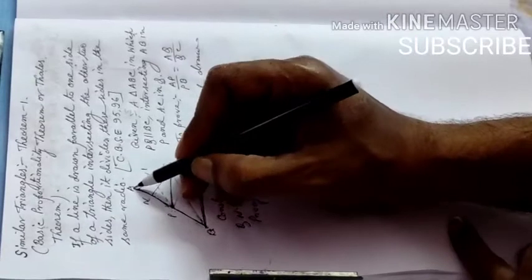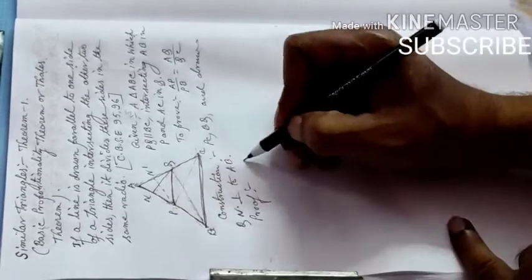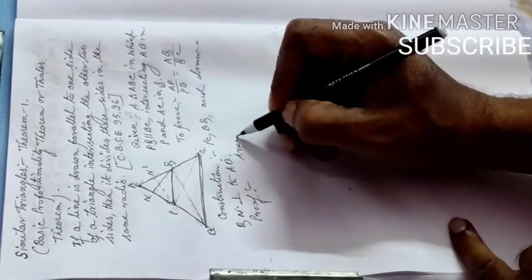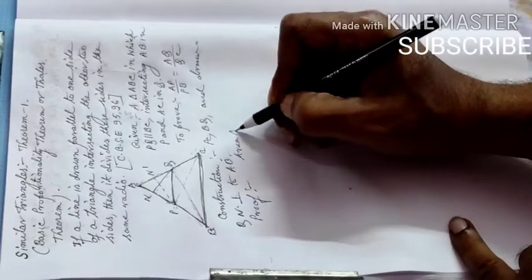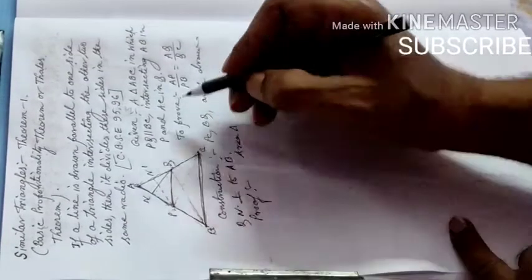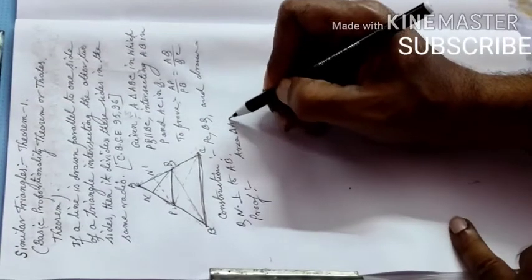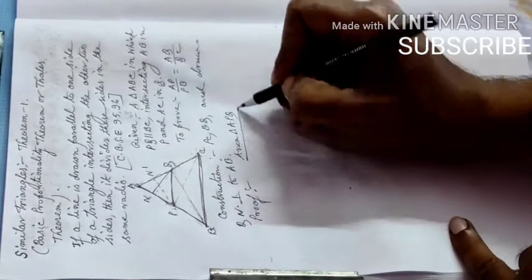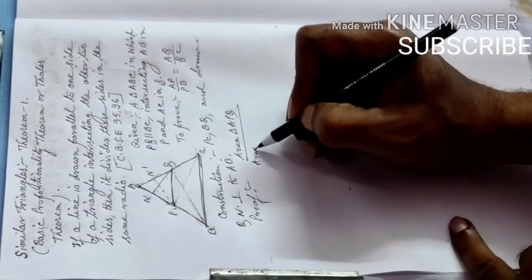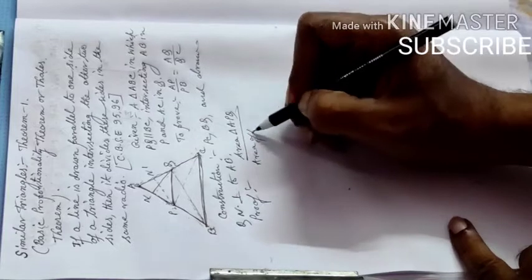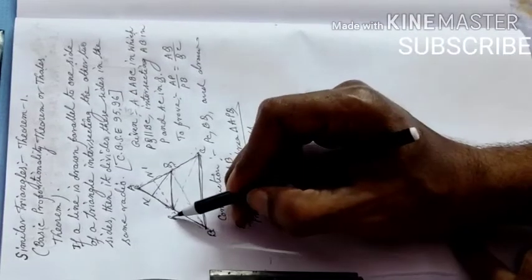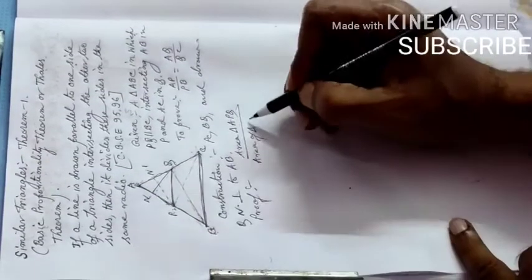In triangle APQ, area of triangle APQ by area of triangle PQB.